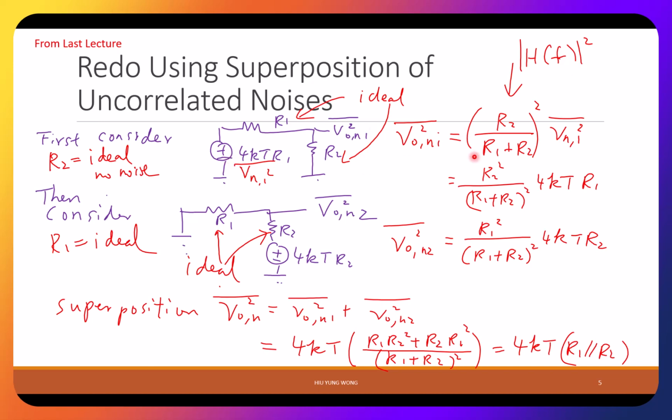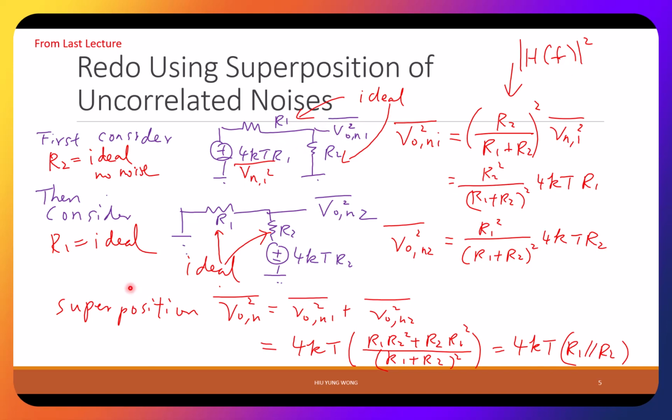So as we mentioned earlier, you just square everything. The output voltage power spectral density equals this transfer function squared, R2 divided by R1 plus R2, times the input power, and the input power is 4kT R1. So this gives us the output noise power due to the noise from R1.